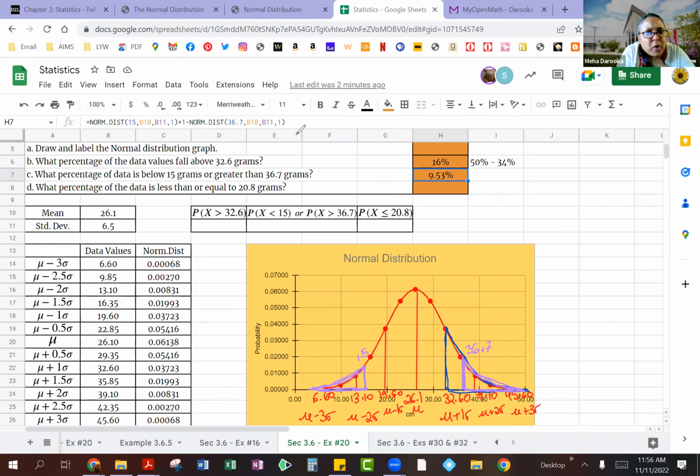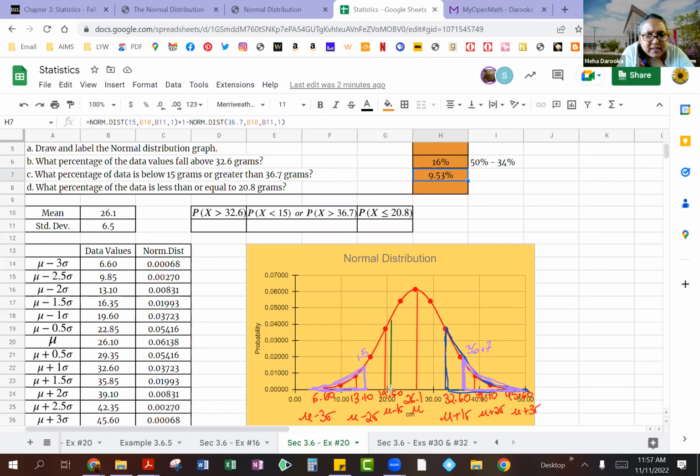And then the last one over here is asking us for what percentage of the data is less than or equal to 20.8 grams. Now our 20.8 is going to be literally just a hair away from 20.